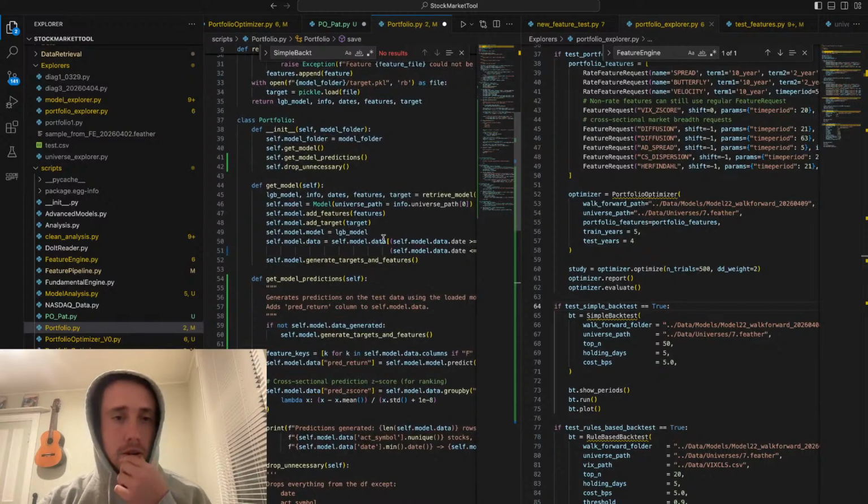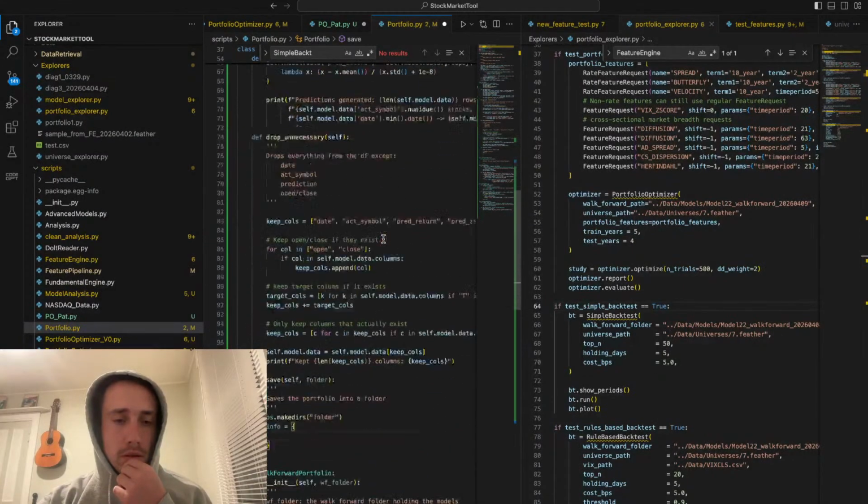So we want to save the model folder, and actually that's it.